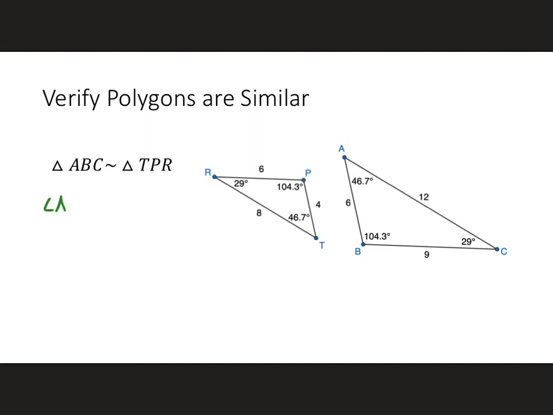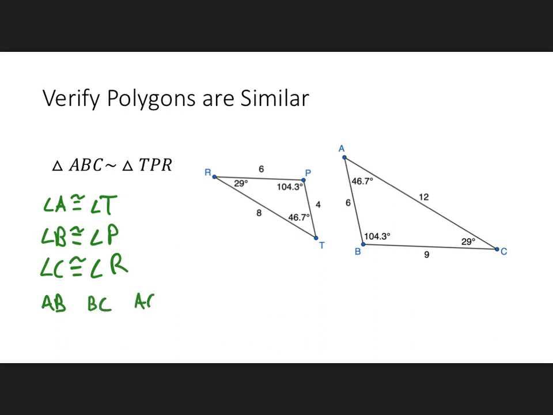So angle A should be congruent to angle T. Angle B should be congruent to angle P. And angle C should be congruent to angle R. And then our sides that should be proportional are AB, BC, and AC should be proportional to TP, PR, and TR.